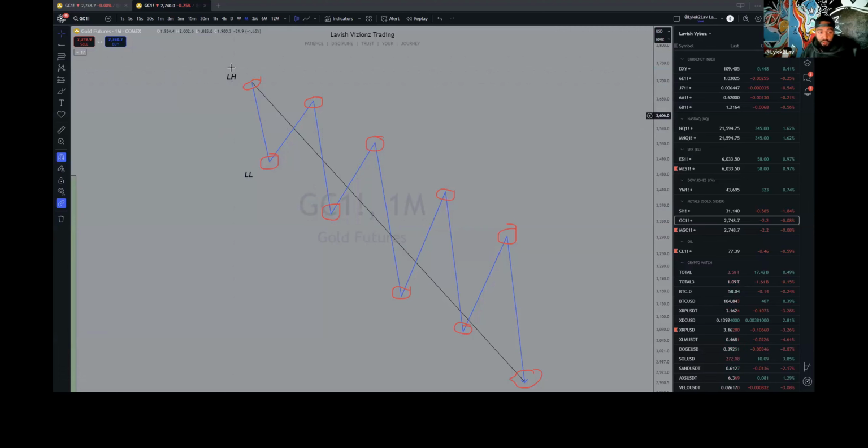Now at this next point, is it lower than the previous one to the left? Yes. This new lower low, is it lower than the one previous to the left? Yes. This new lower high, is it lower than the one previous to the left? Yes.